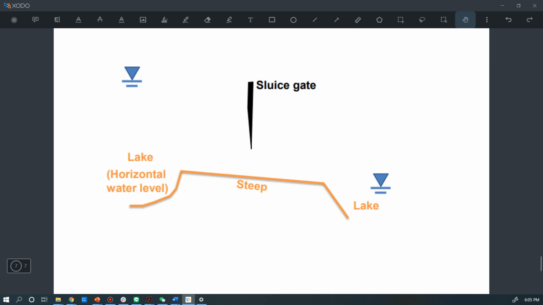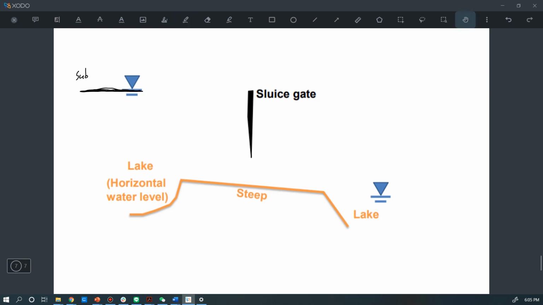The first thing we know is that because this is a lake, the flow here must be a subcritical flow.